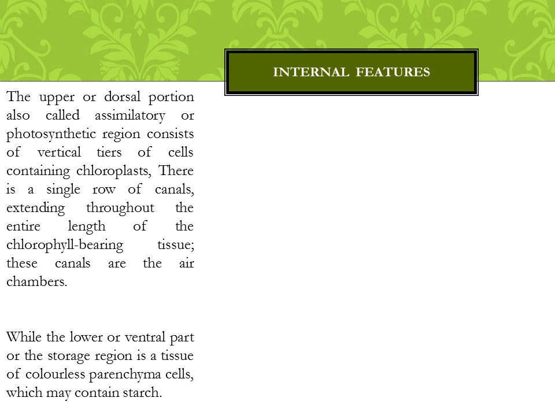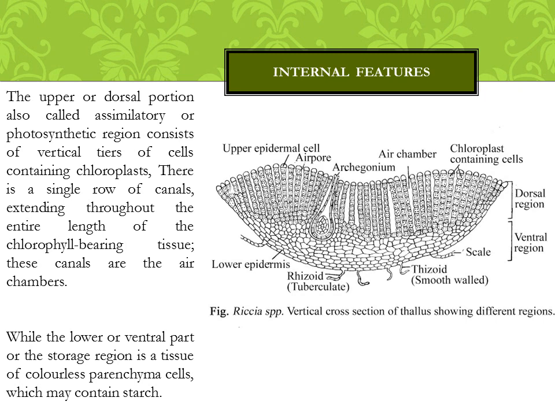We find that the two distinct regions of Riccia thallus, the upper or the dorsal portion, also called assimilatory or the photosynthetic region, which consists of vertical tiers of the cells containing chloroplast.